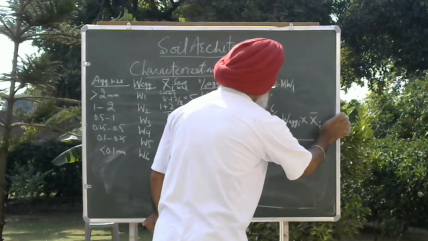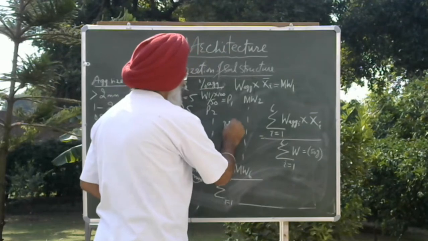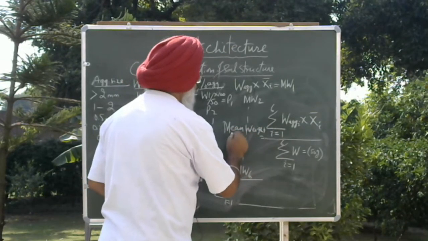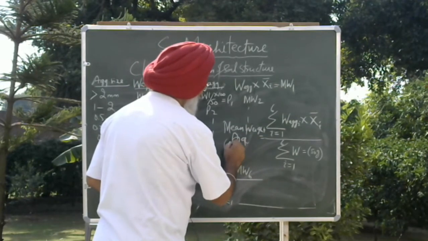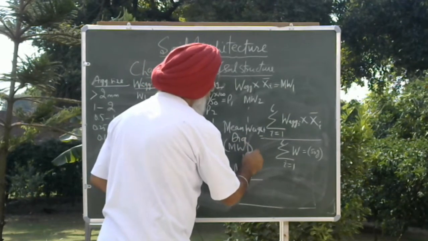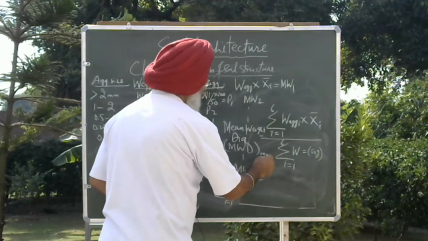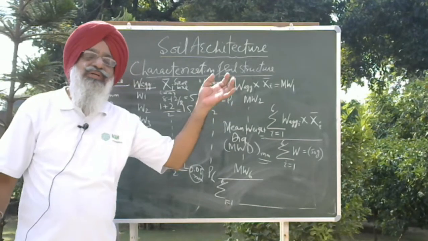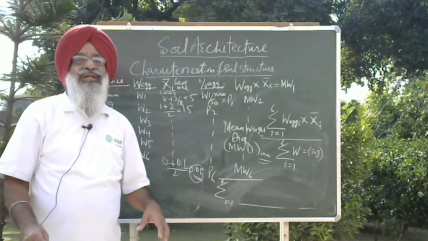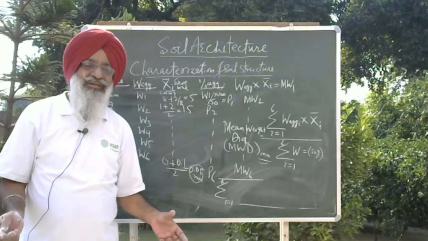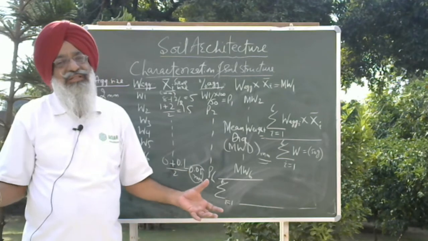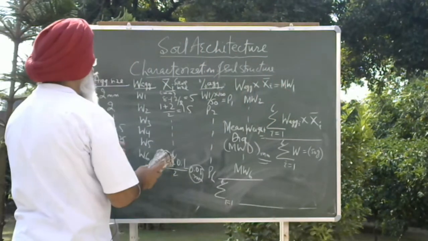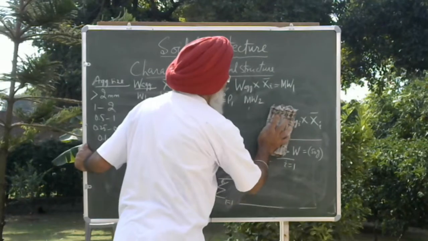So, this will be mean weight diameter, and properly we call it MWD. This will be in millimeters. Now, you have one value, MWD. Now, you can compare maybe hundreds of samples, that the higher the mean weight diameter, more stable will be the aggregates. Simple.